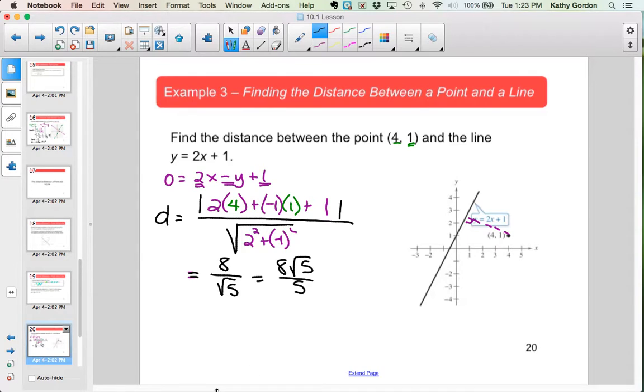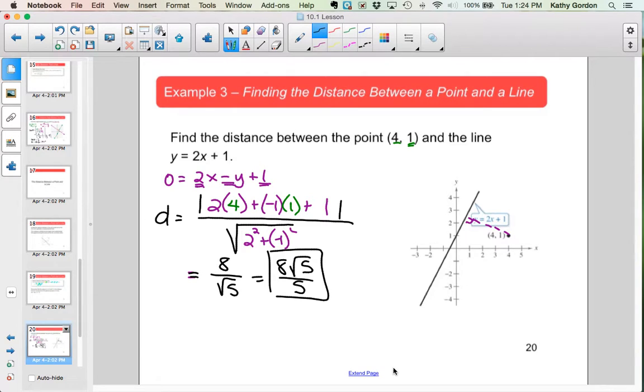Now, if it's a problem like this, which is a straightforward, here's a point, here's a line, what's the distance? I want exact answers. This is what I would want. If, on the other hand, you are going through this process as part of some application problem, like maybe this point represents Johnny's house, and the line represents the road, and you want to know how far away Johnny's house is from the road, then this probably doesn't make a whole lot of sense.